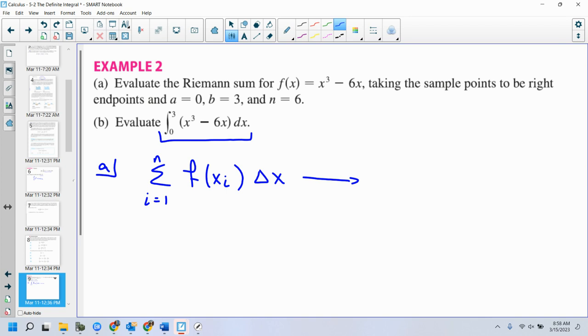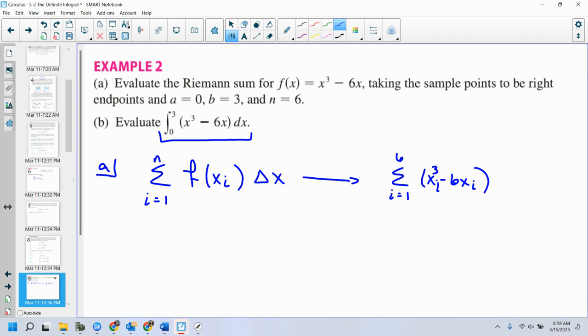Okay, so let's change this notation and say, well, I'm going to go from i is equal to 1. Now, what is n in this case? 6. On x to the third minus 6x, those are i's down there, delta x, sorry, not dx, delta x.